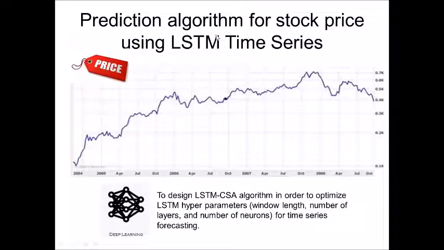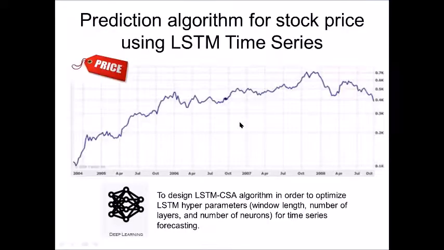The parameters in LSTM are not optimized, so we use the clonal selection algorithm to optimize the window length, number of layers, and number of neurons. We are hoping that by hybridizing with the clonal selection algorithm, the deep learning can produce good parameters, and then we can get a good result for predicting the time series of the stock price.